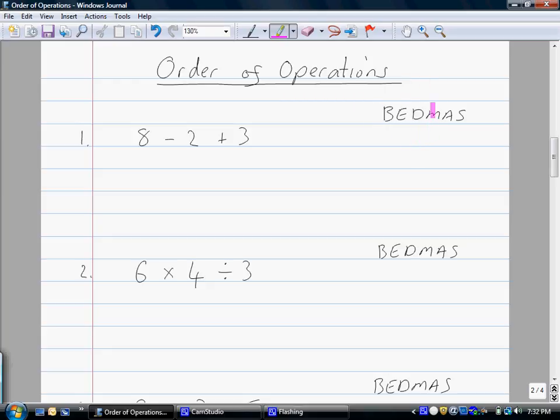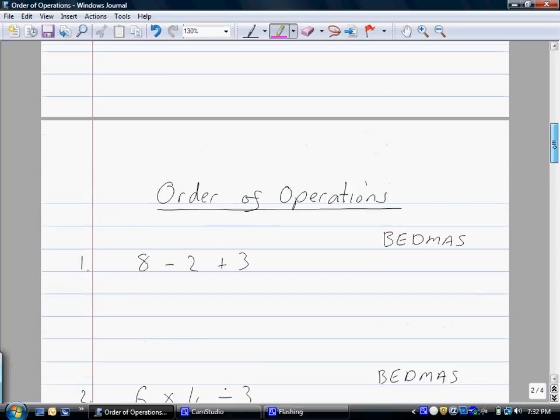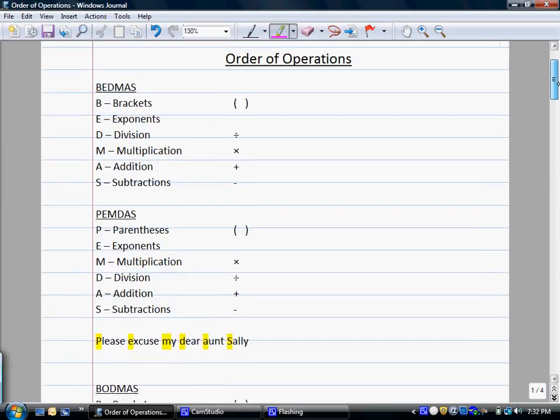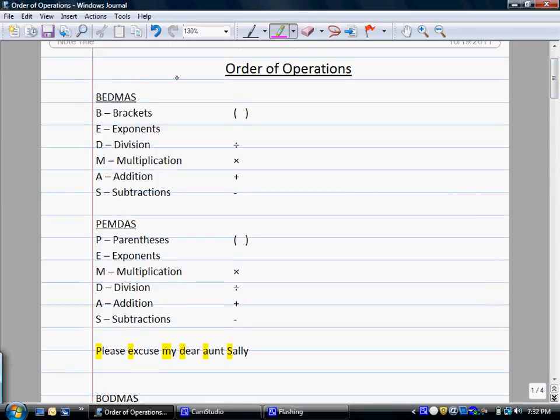Now you might have heard the word BEDMAS or other similar made-up words like PEMDAS. These are just words to help us remember the order of operations. Let's just have a look at what these words help us remember. So BEDMAS stands for brackets, exponents, division, multiplication, addition, subtraction.